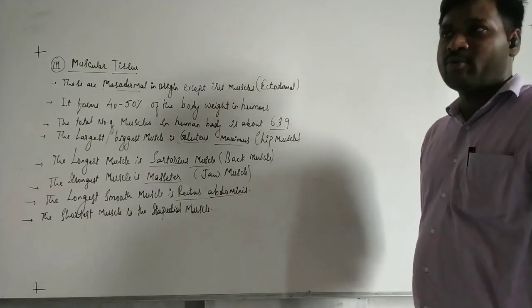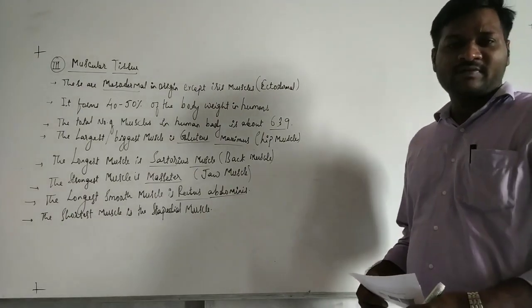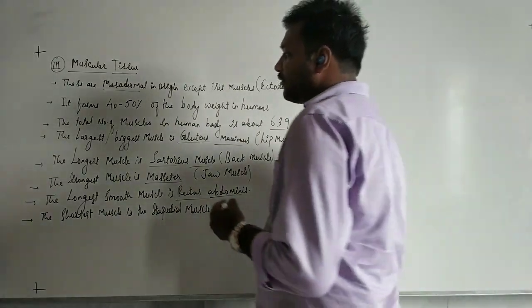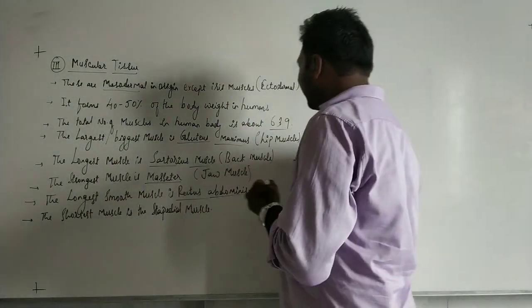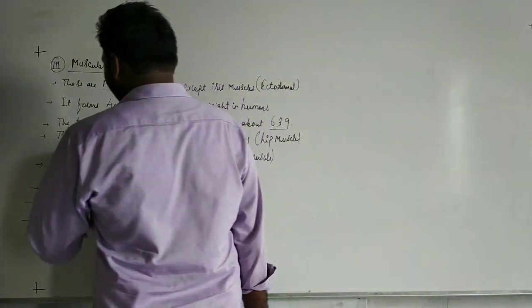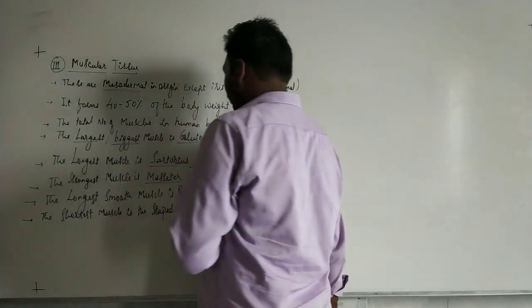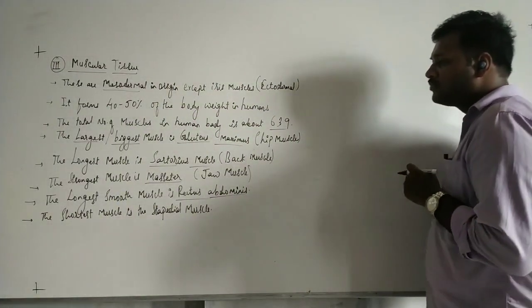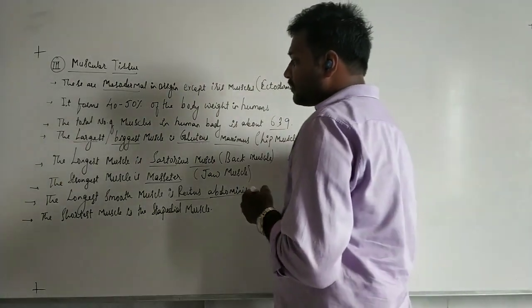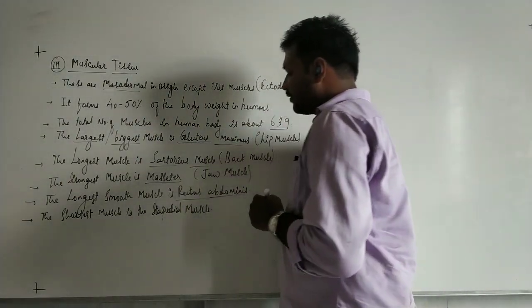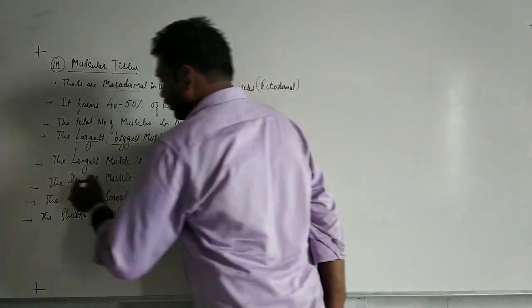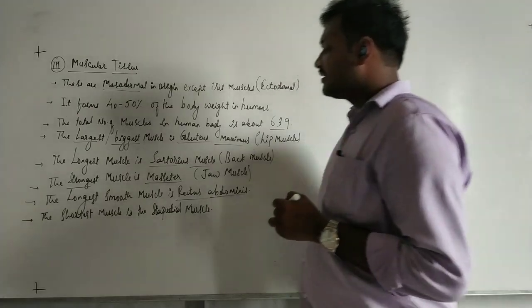So these are the different muscles seen in the human body on the basis of their shape or arrangement, whether they are very large or very small. The total number of muscles in the human body is approximately 639. The largest muscle is the Gluteus Maximus, also referred to as the hip muscle. The longest muscle is the sartorius muscle, which is the back muscle. The strongest muscle is the masseter.